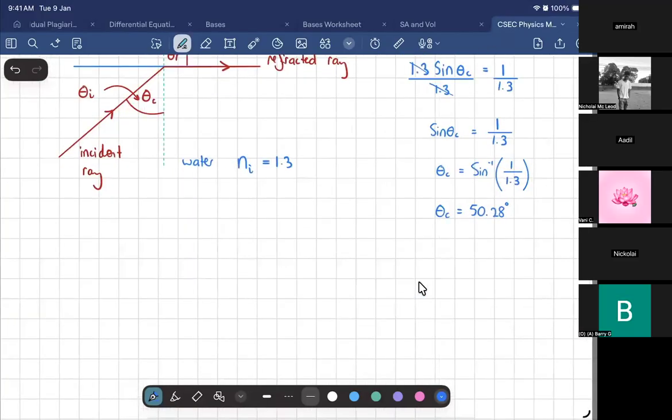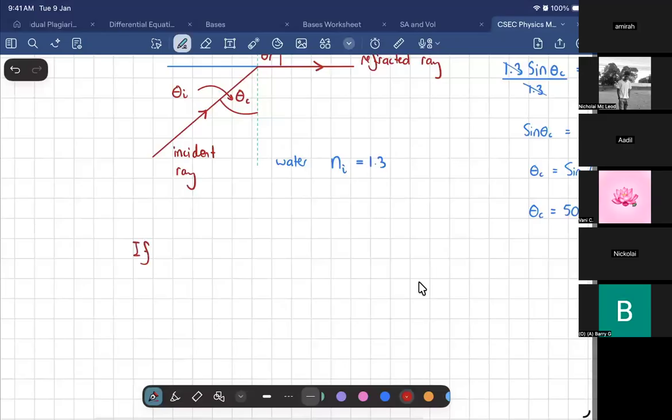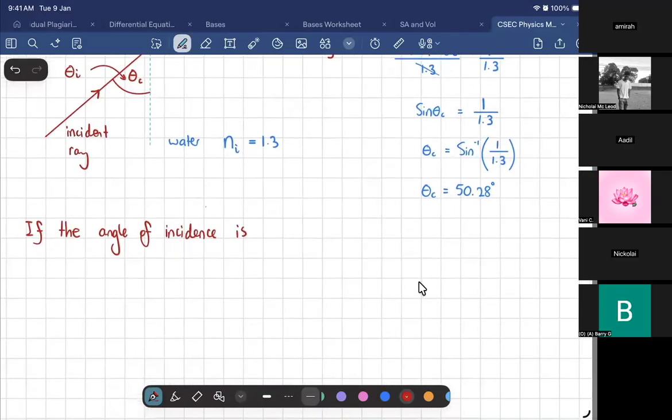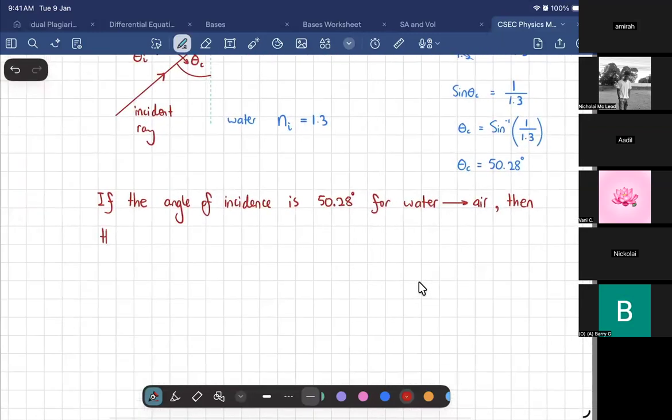So let me make a little note about that. If the angle of incidence is 50.28 degrees for water to air, then the angle of refraction would be what? 90 degrees.